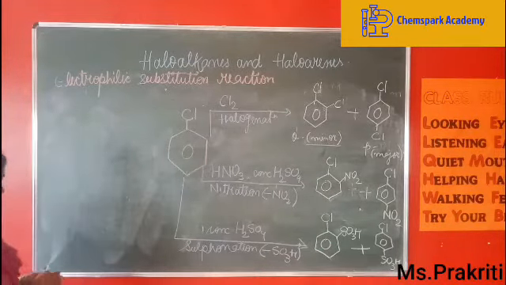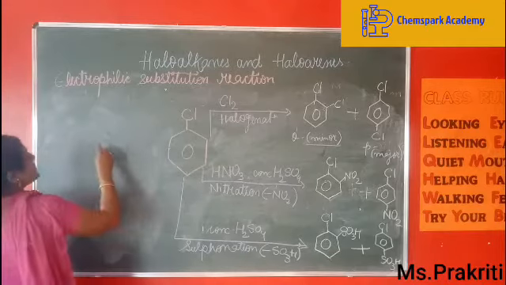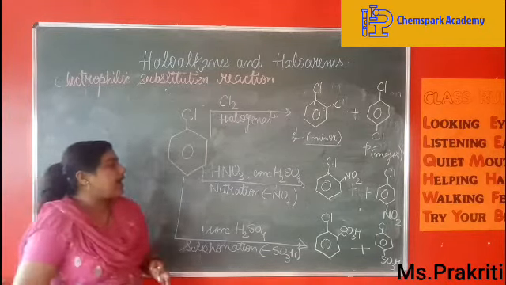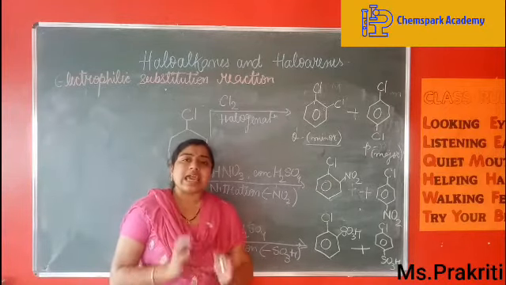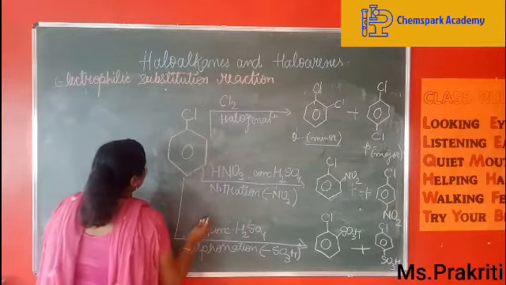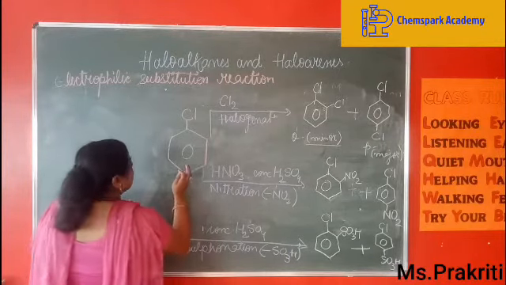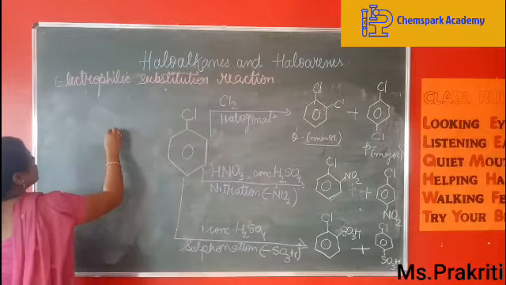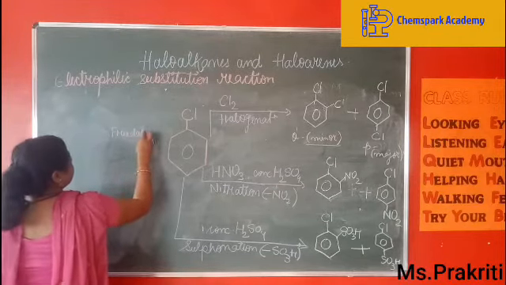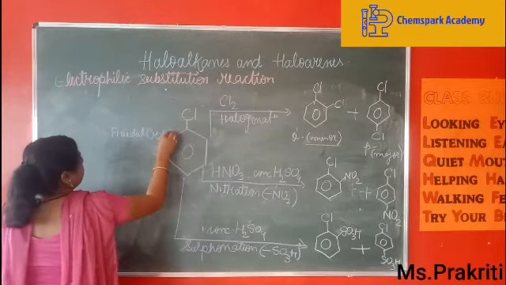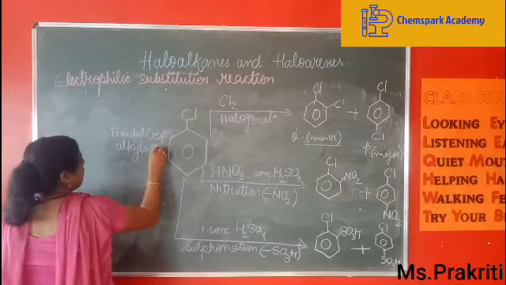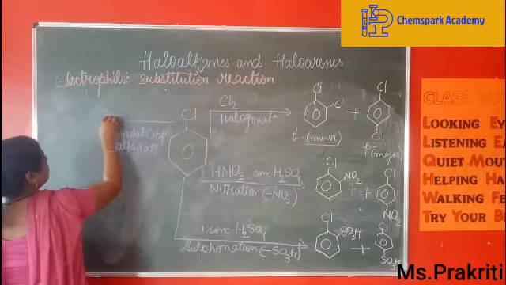Apart from these three, we have the Friedel-Crafts alkylation and the Friedel-Crafts acylation. That is, we will introduce an alkyl group and an acyl group in this chlorobenzene. So if I talk about Friedel-Crafts alkylation, I will introduce an alkyl group.